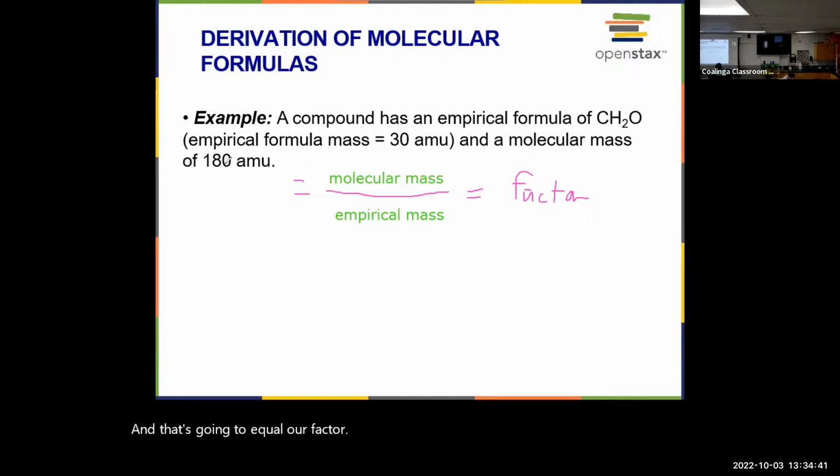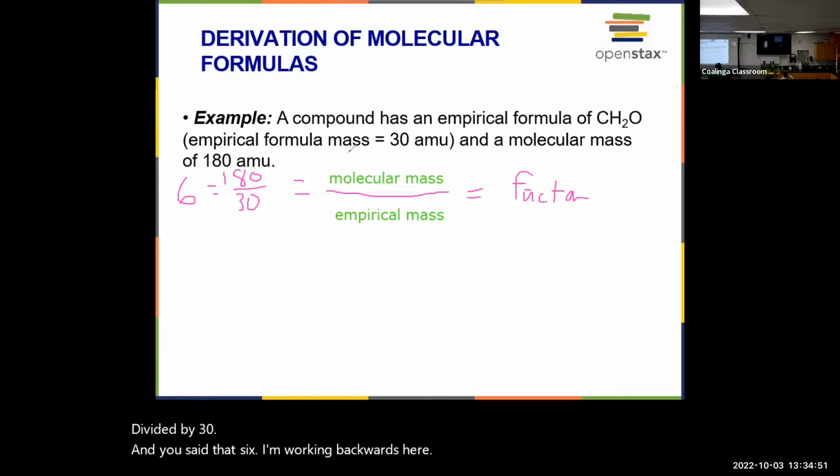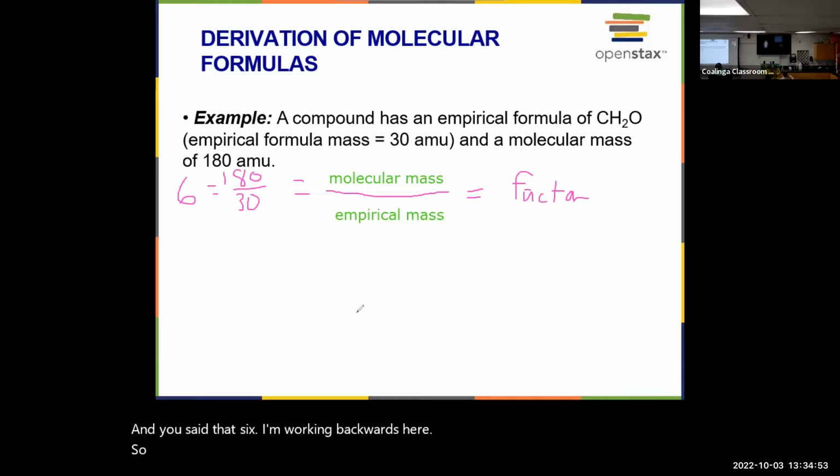In this case, we have 180 divided by 30, which is 6. Okay, so then we multiply our empirical formula by 6. C6, H12.